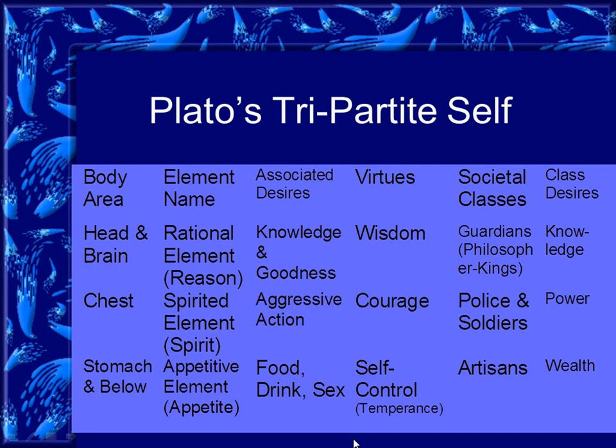Now, one point about Freud, we know that Freud read Plato and was influenced by him, you know, and his ego, superego, and id. But the Freudian designations are a bit different than Plato.